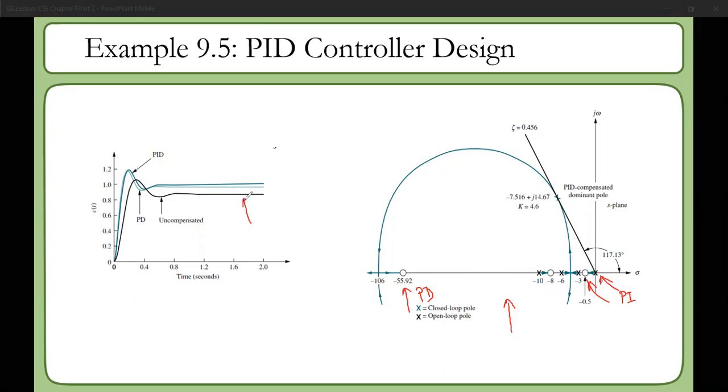This was the uncompensated system. This was the PD compensated system, where the steady state error improved a bit, but it is not zero. After the introduction of your PI controller, you now have zero steady state error. This is the step response of your system after the PID controller is designed.